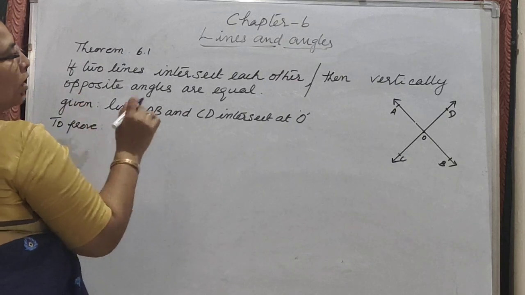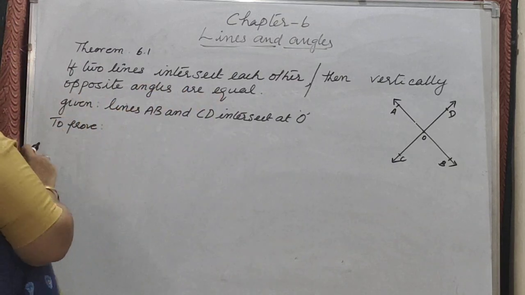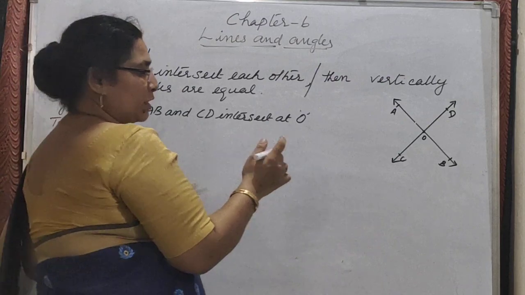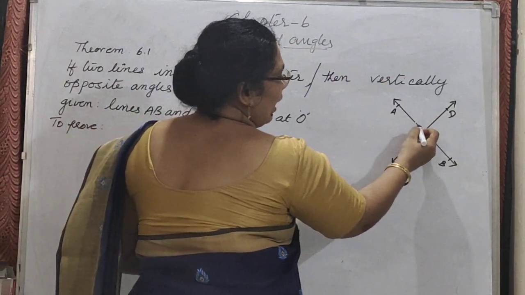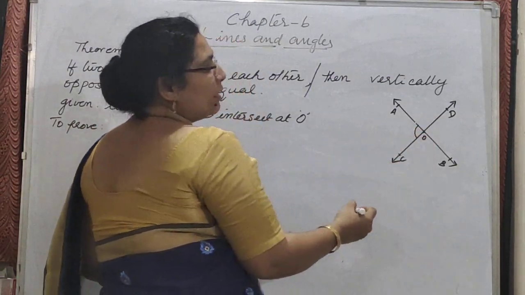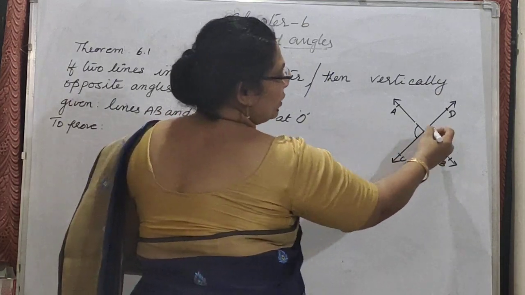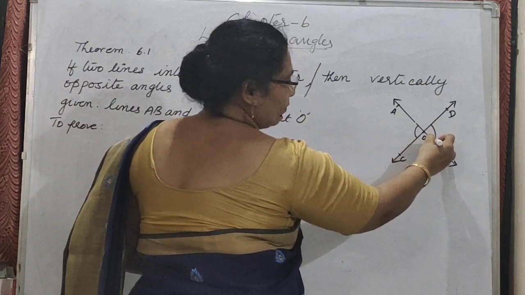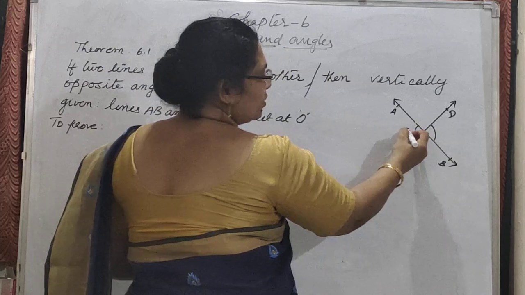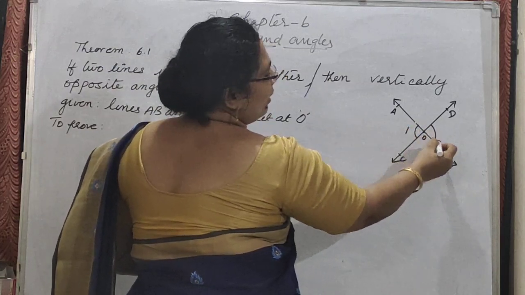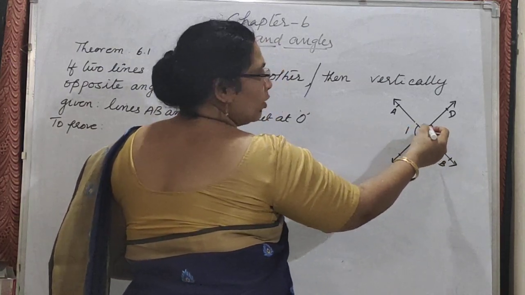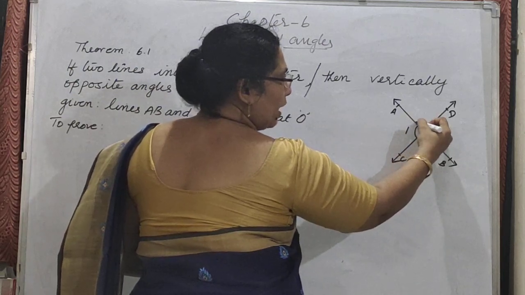What is to be proved? Vertically opposite angles are equal. Which are the vertically opposite angles? From the figure, if I take angle AOC, then the vertically opposite angle for this is BOD. So I'll write angle AOC as angle 1 and BOD as angle 3, because the next angle is angle AOD.